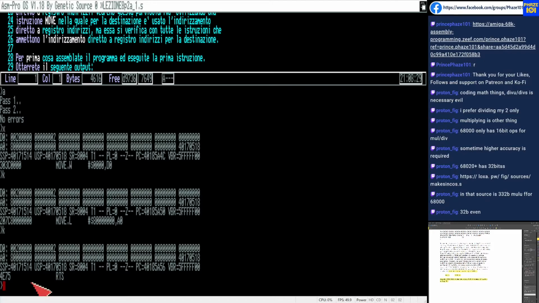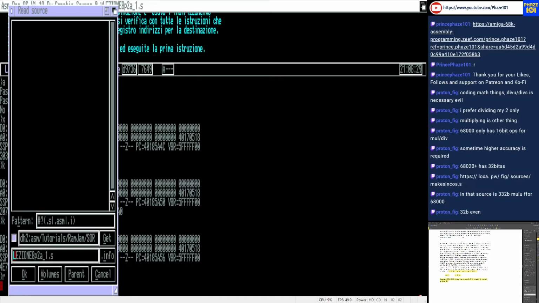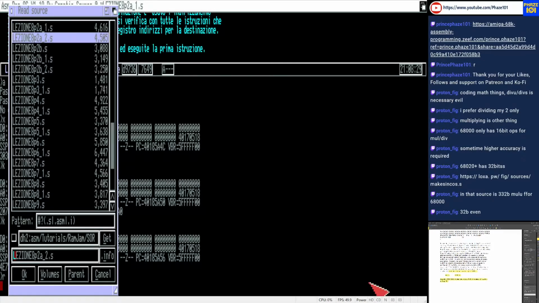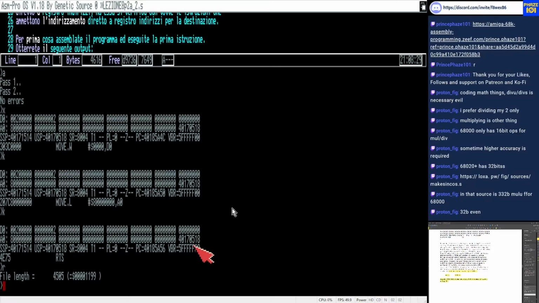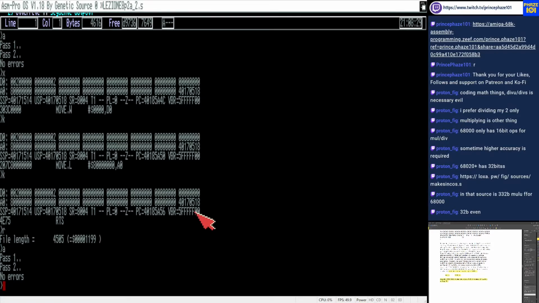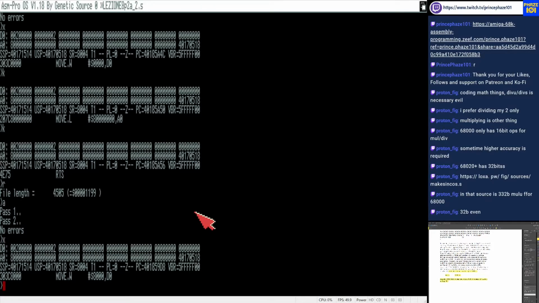Now notice the next example. The instruction is move.word, 8000 into the 0.